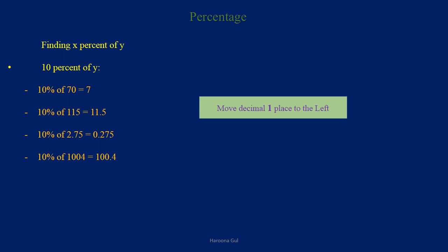For example, 10% of 70: we simply move the decimal 1 place to the left, and we get 7.0 as our answer. Similarly, 10% of 115 is 11.5, 10% of 2.75 is 0.275, and 10% of 1004 is 100.4.